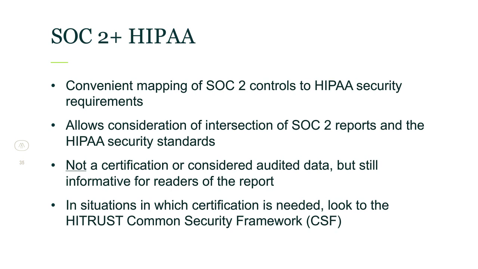It also, from an external user standpoint, provides a much easier way to consume the data within the report. We also see that this allows a much clearer alignment of that intersection between SOC 2 and HIPAA.